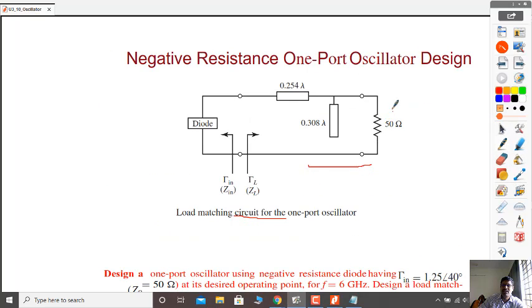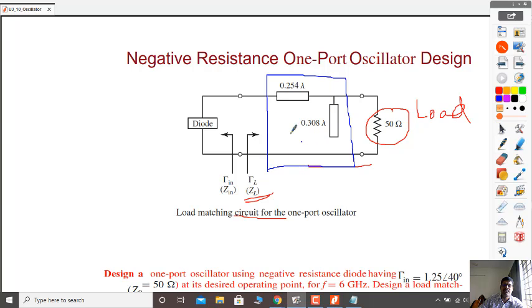Here you can see that this is the actual load. Now we have to transform this load into the required ZL value. For that, we have to design an impedance transforming network. Let us see how to design this network.